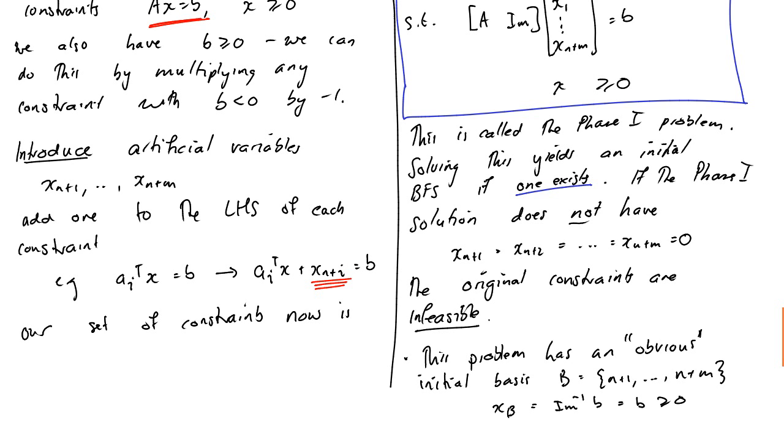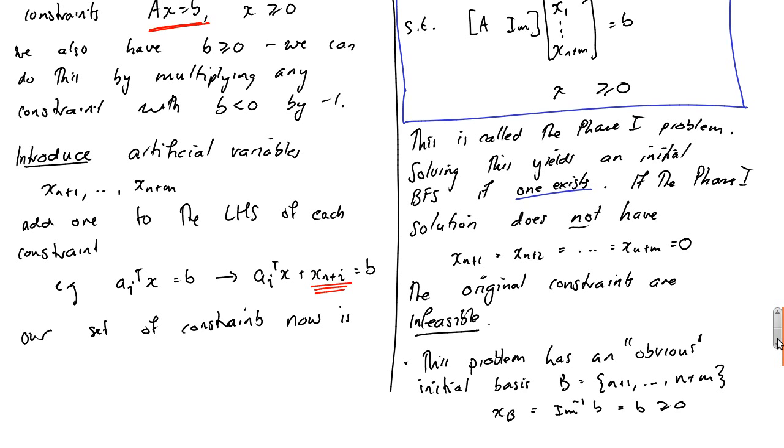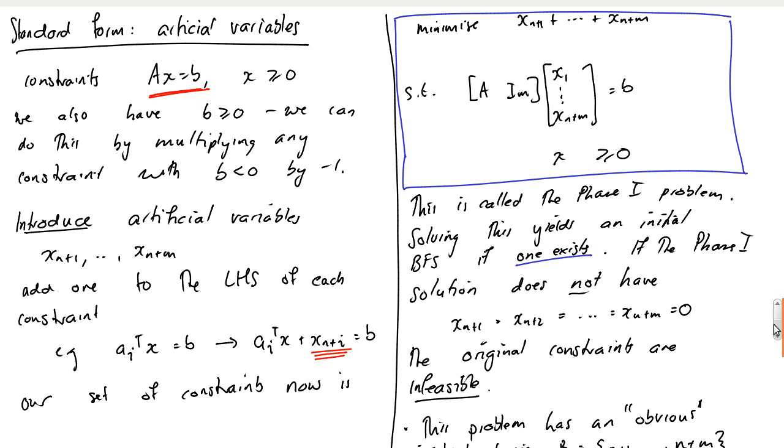So it's easy to come up with an initial basis for this linear program. Solving this linear program, if we can get it down to 0, gives us a basis that we can use to solve our original linear program, subject to these constraints here, and that's called the phase 2 problem.